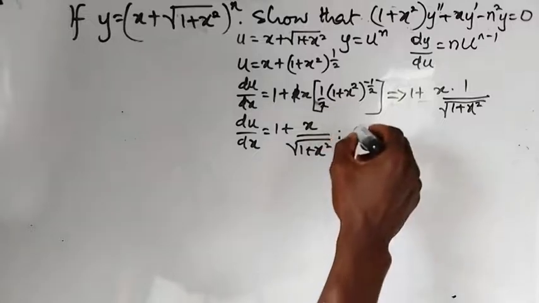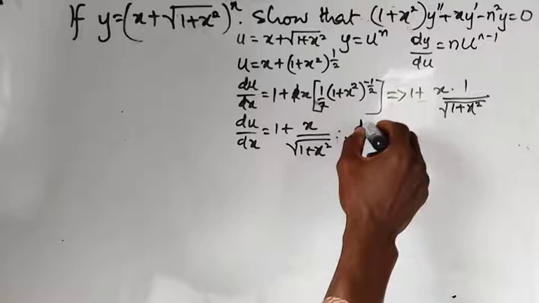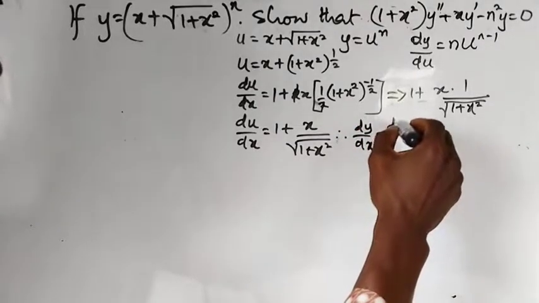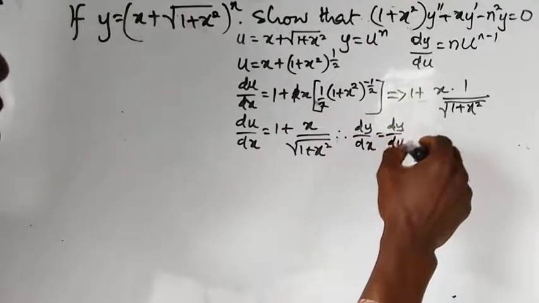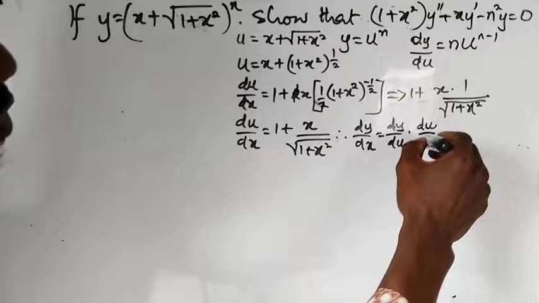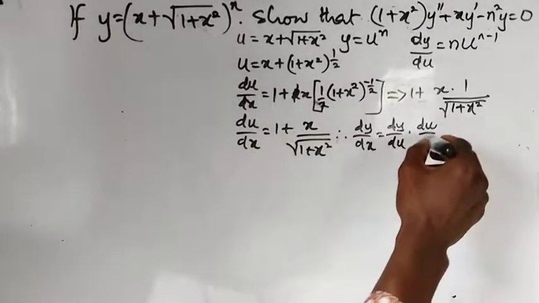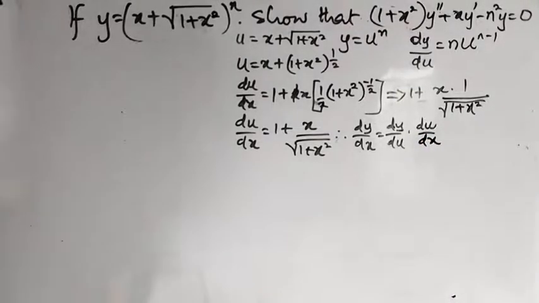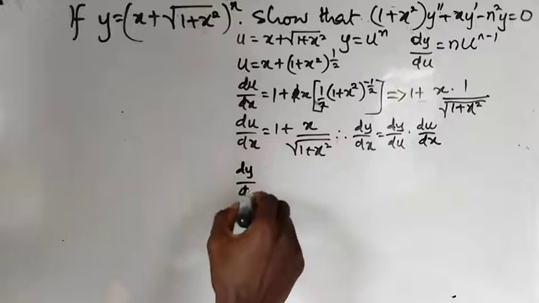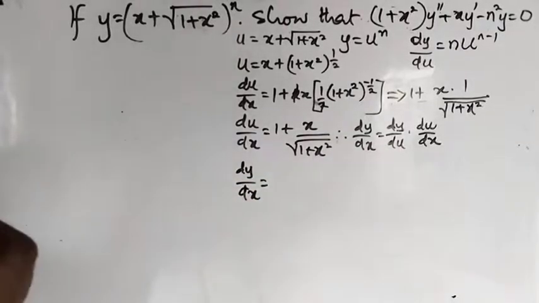Therefore dy/dx will give us dy/du times du/dx.